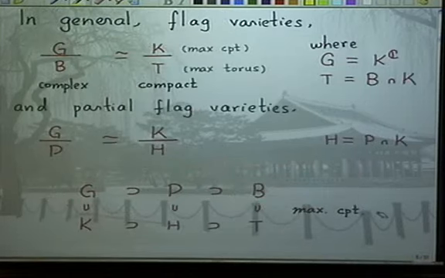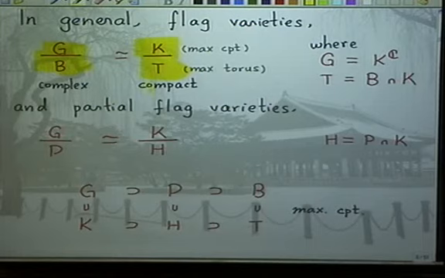So in general, this dual description of the flag variety continues to hold true. You can look at the flag variety and write it as G over B, or from a compact point of view, it's K over T. So K is the maximal compact subgroup of G, like U(n) inside GL_n(C), and T is the maximal torus inside K. Okay.